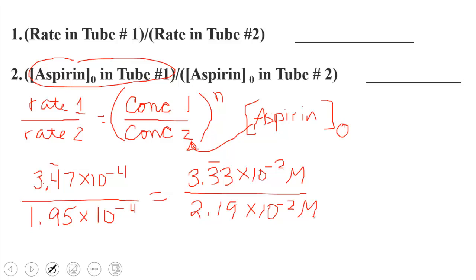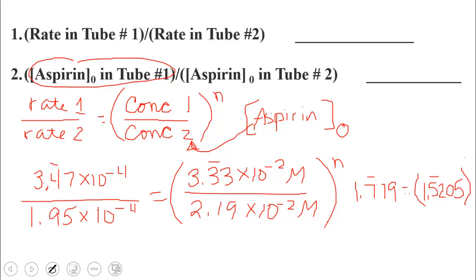Again, these are initial concentrations, and of course this will be raised to the nth power. So what I get here on the left, 1.779, is equal to 1.5205 to the nth power.